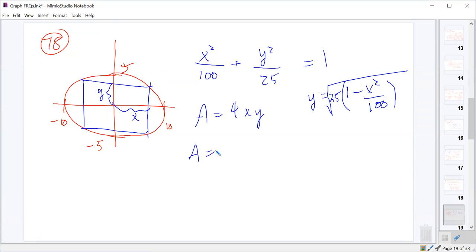So our area should be 4x times the square root, and this square root of 25 is just, well, we'll multiply it through. So we got 25 minus x squared over 4. That should be 4x times the square root of 25 minus x squared over 4.